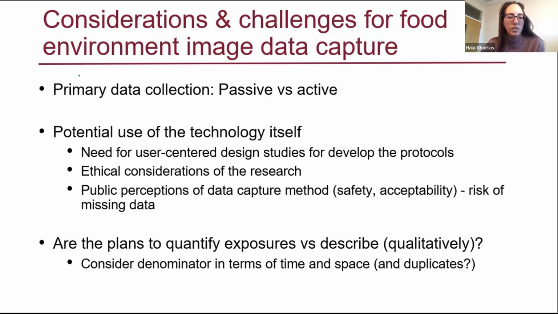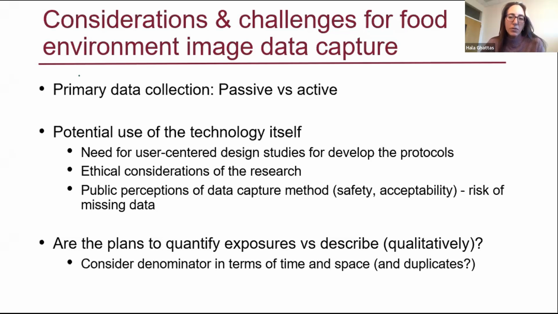And we know from children, having done some qualitative research with them after the fact, that they turned their cameras off at certain points in time on the roads for security concerns. So these are things to keep in mind anytime we're thinking about image capture to try to get an idea of food environments. And then consider whether it matters if you have some missing data.